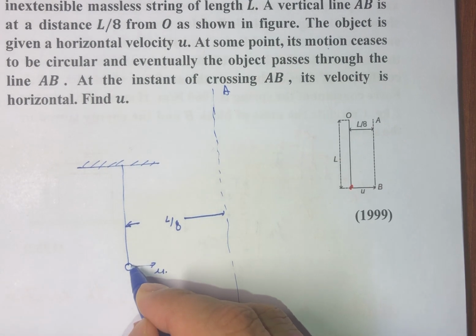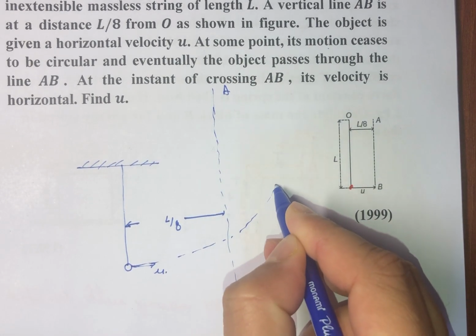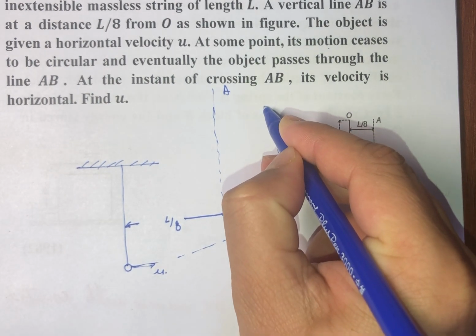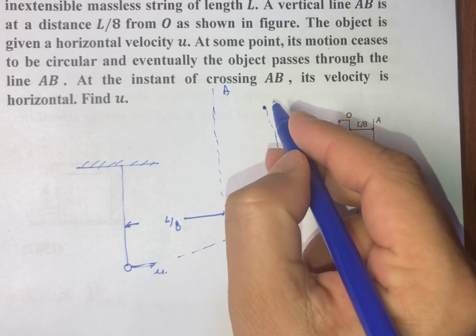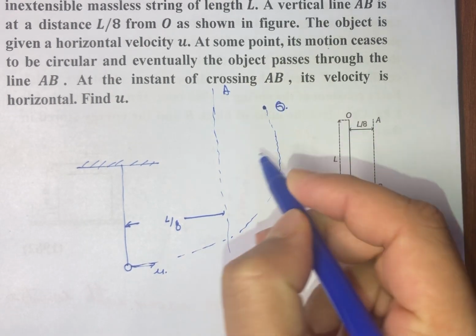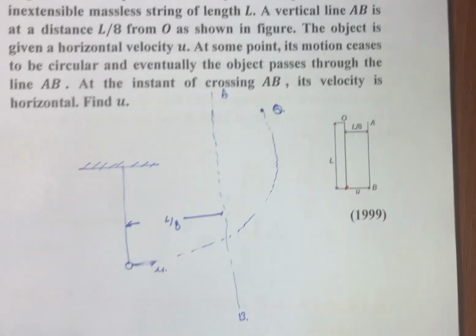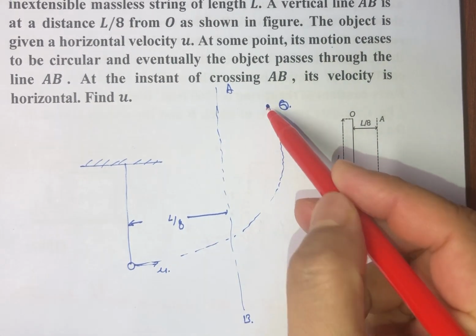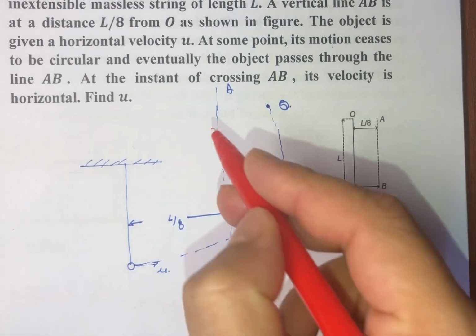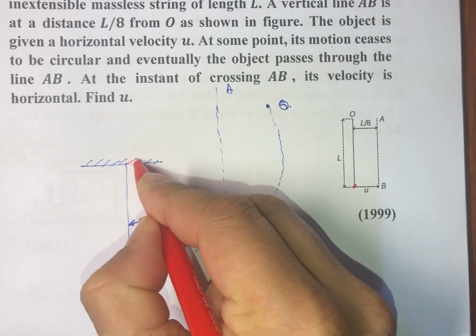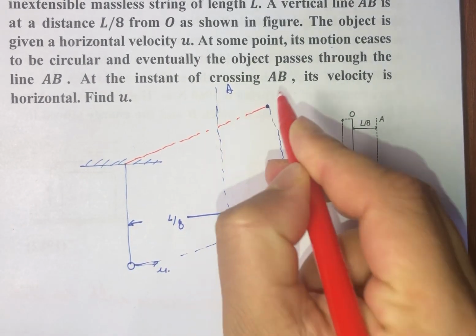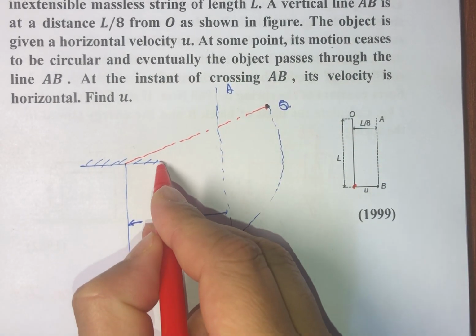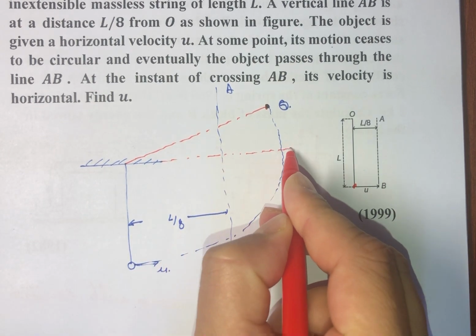Okay, so let us suppose this is the circular path it is taking, and we assume that at this point, let us suppose this point is Q. Up till this point, the motion of this particle is circular.